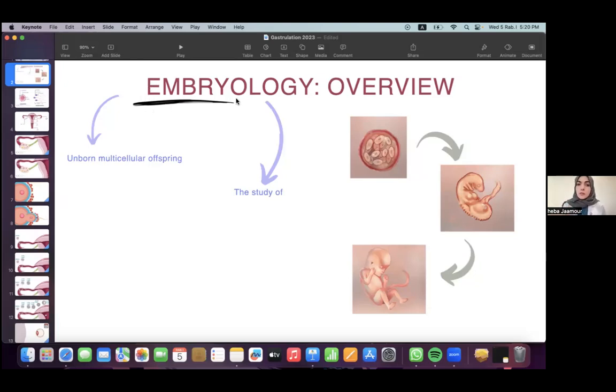The first one is embryo, which just means an unborn multicellular offspring. And then the second one is ology, which means the study of. So if you put two and two together, you would know that embryology is basically the study of an unborn multicellular offspring. And this helps you not only in this topic, but in anything you are going to study throughout medicine.